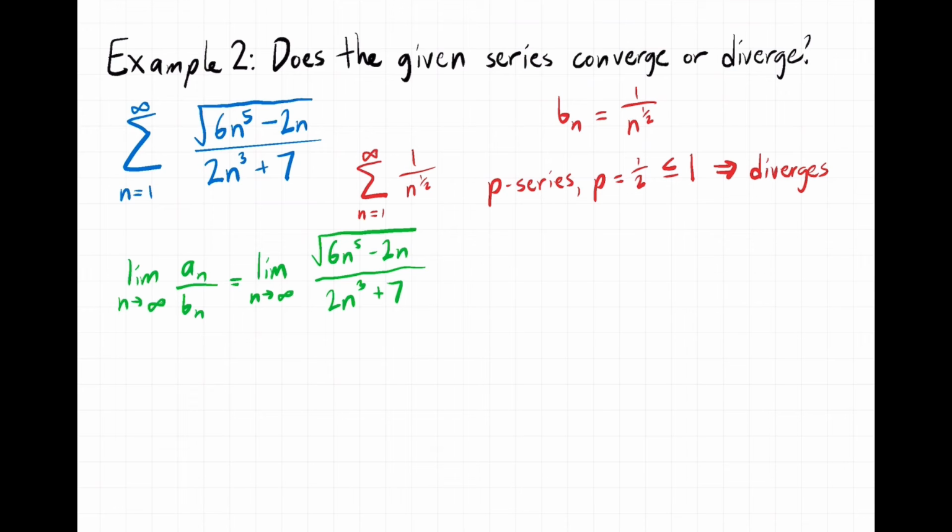But I want to save myself a step here. If I'm going to divide by 1 over n to the 1/2, it's the same thing as multiplying by n to the 1/2 over 1. And actually, n to the 1/2 is the same thing as the square root of n. So let's write it that way.